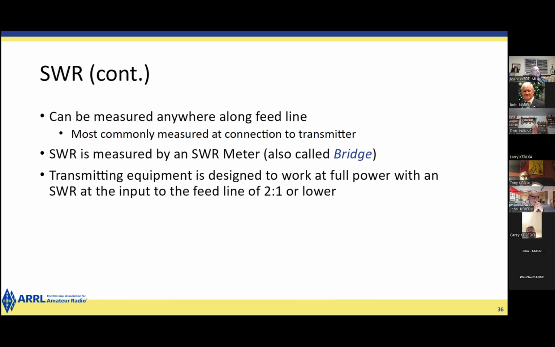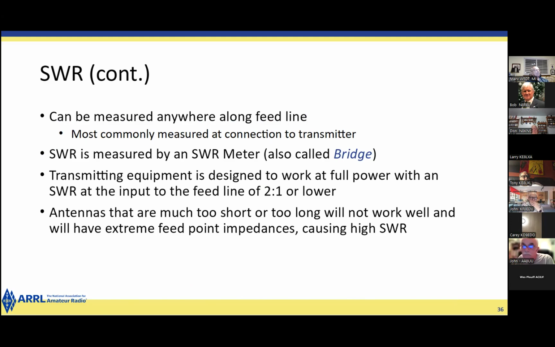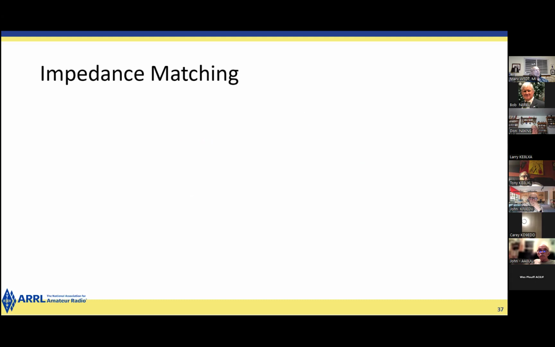Transmitting equipment is designed to work at full power with an SWR at the input to the feed line of 2-to-1 or lower. Antennas that are much too short or too long will not work well, and will have extreme feed point impedances causing high SWR.